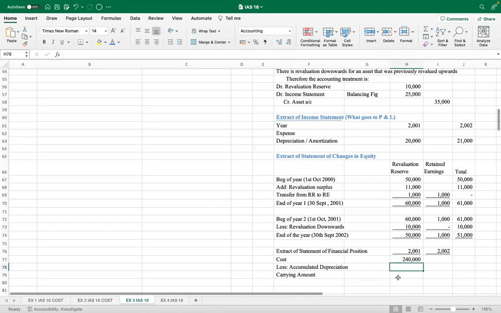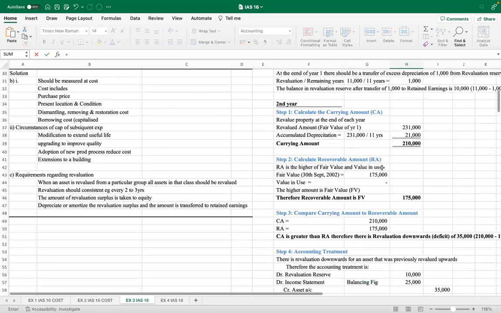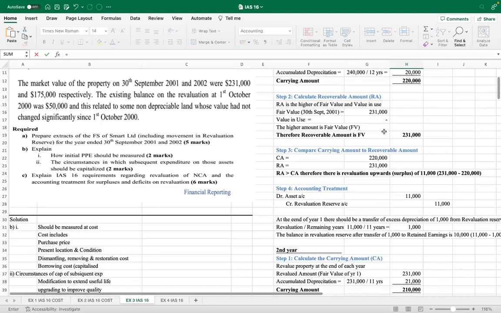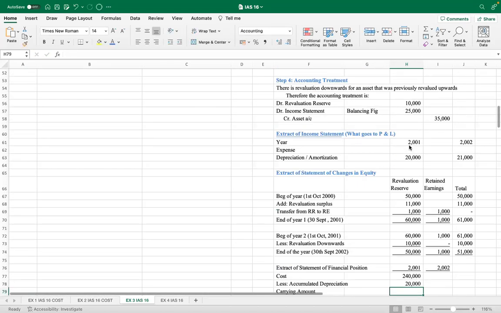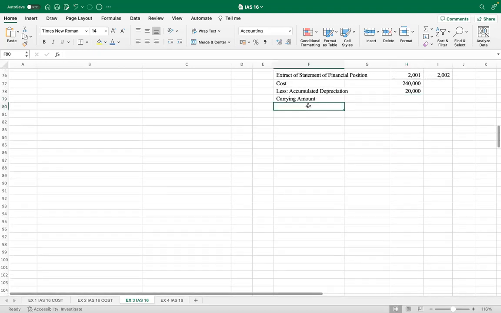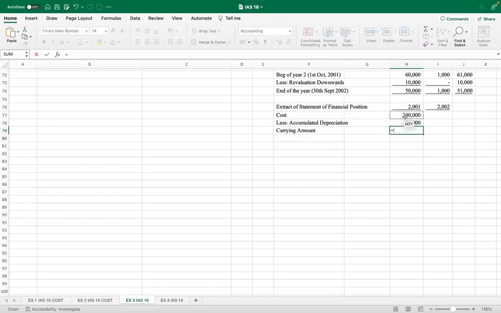Depreciation was 20. And then there was increase in value. Carrying amount was that minus that.